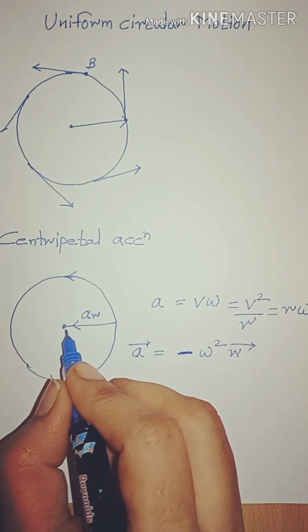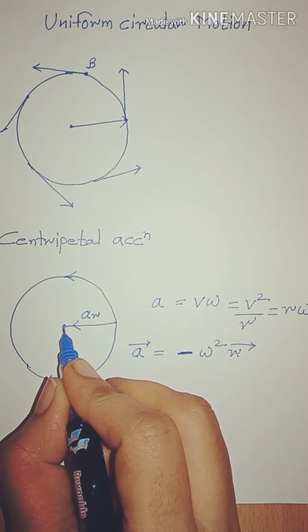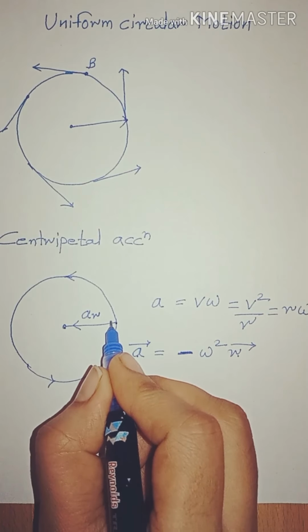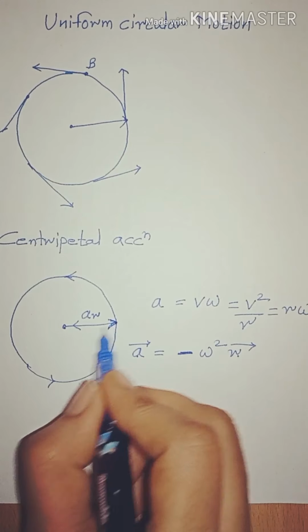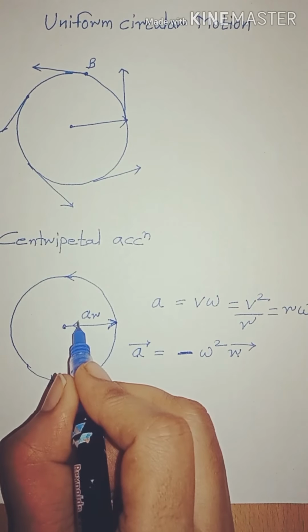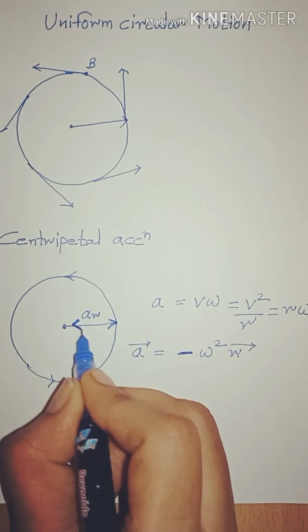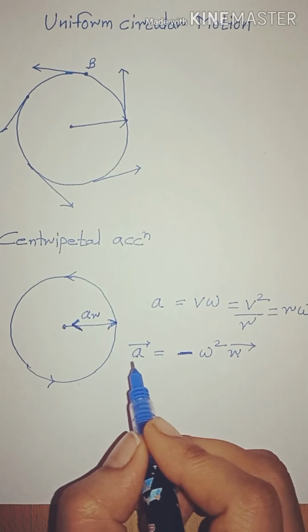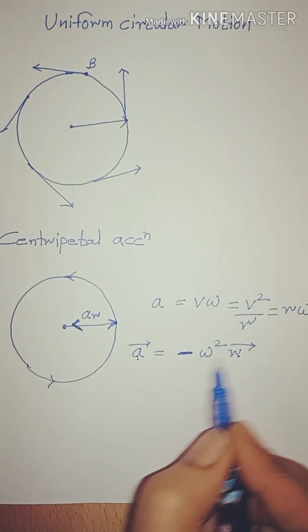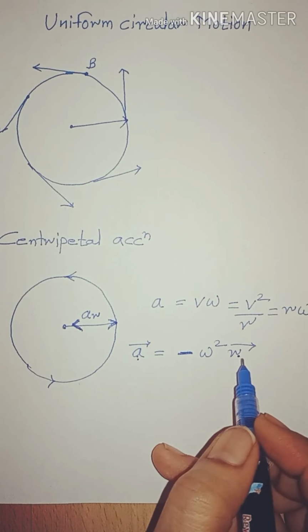The direction of the radius vector is from the center of the circle to the position of the particle, and the direction of the acceleration is along the radius towards the center of the circle.